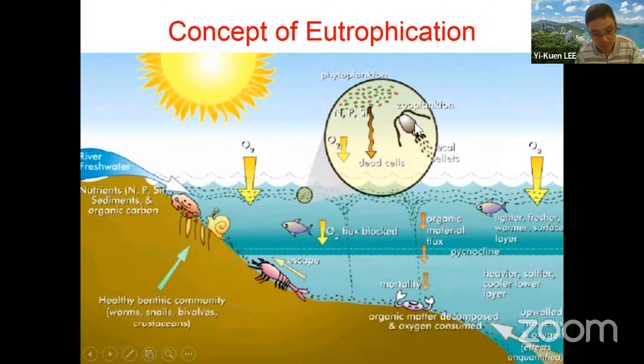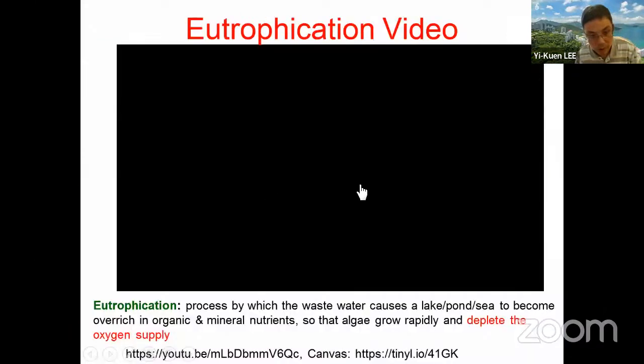Okay, so here we have another branch of this issue now. So what's this? Eutrophication is another issue about water pollution. I also have a video. Let me show you.